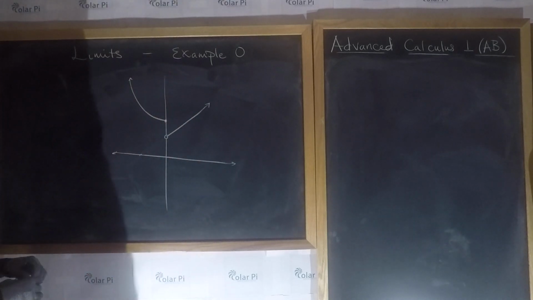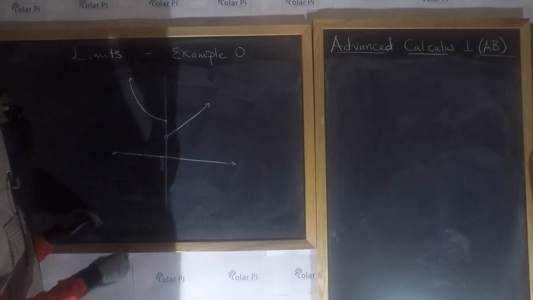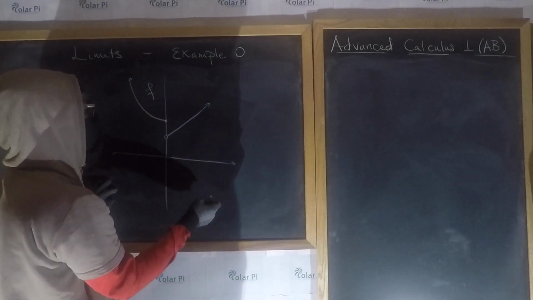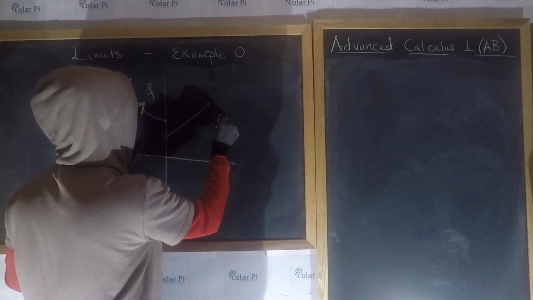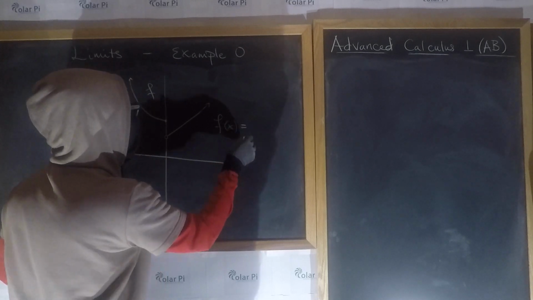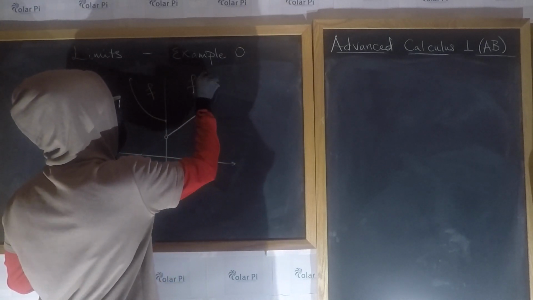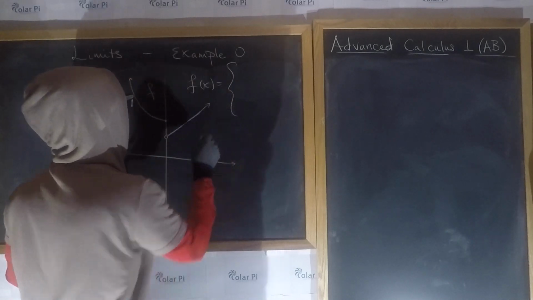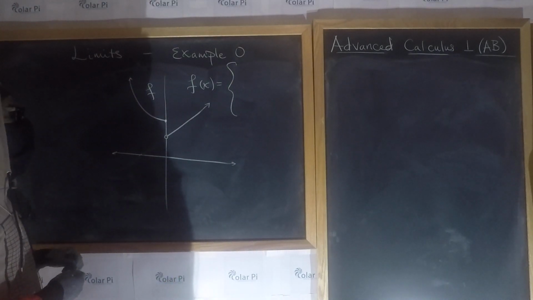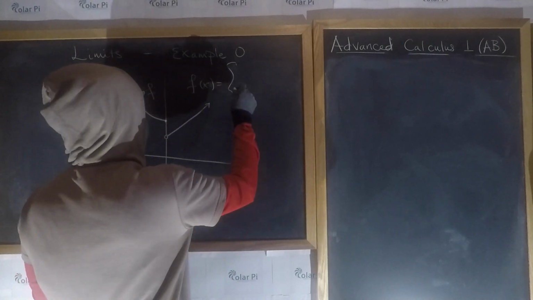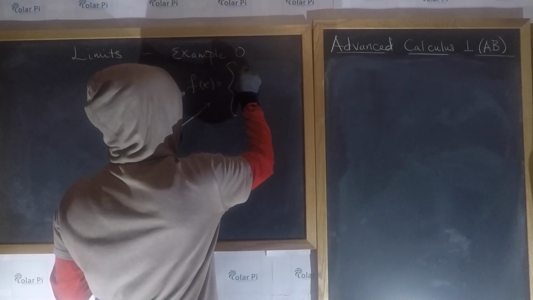Okay. So let's say that this is the function f, f of x, right? We can define it piecewise. F of x is equal to, to the left of 0, we have a parabola.